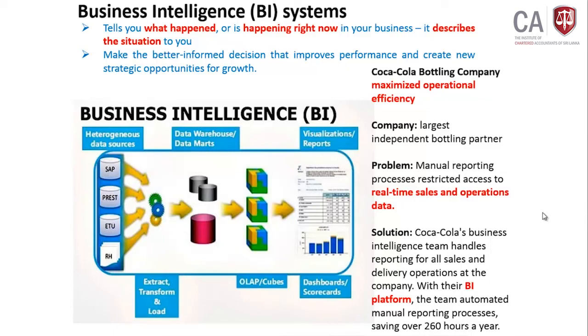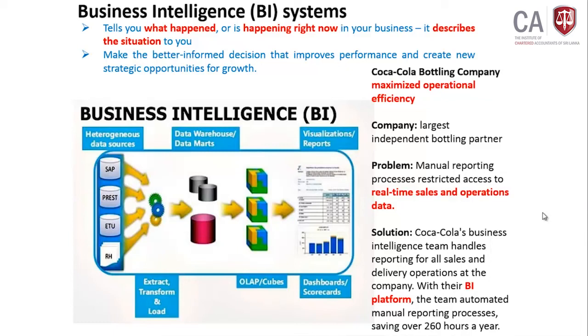As an example, Coca-Cola Bottling Company maximized operational efficiency by using these BI systems. It is a very large independent bottling network partner. Manual operating processes restricted access to real-time sales and operation data. So, it was an issue for them because let's say they have hundreds of factories all over the world.